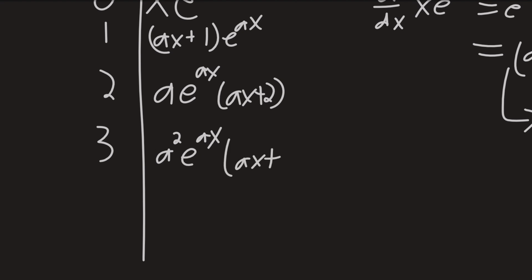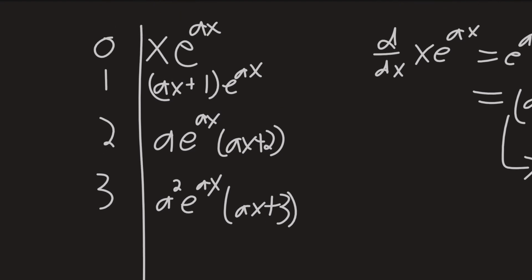What you'll notice in the pattern here is that this number right here, the 3, matches the 3, and the 2 and the 2. The number that's being added to this ax is just the number of our derivative. You'll also notice that the power of this a right here is 1 less than our derivative.